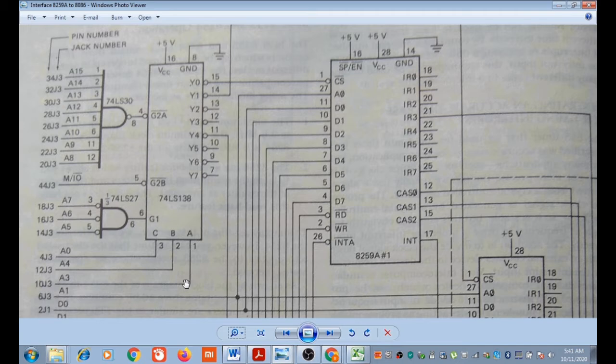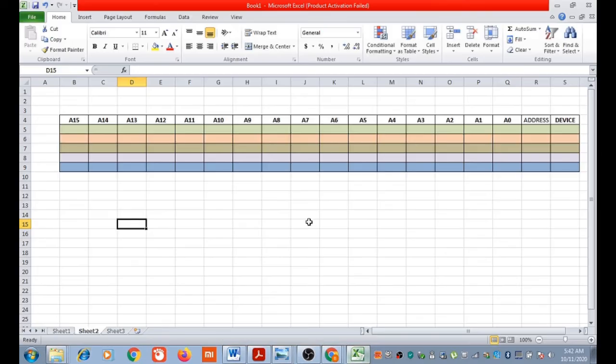A is connected to the A3 pin of 8086. So Y0 will be selected only if A0 equals 0, A4 equals 0, A3 equals 0. Okay, let us note down that: A3, A4 equal to 0, A0 equal to 0.